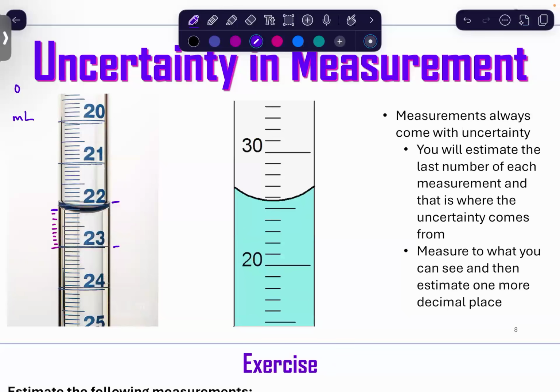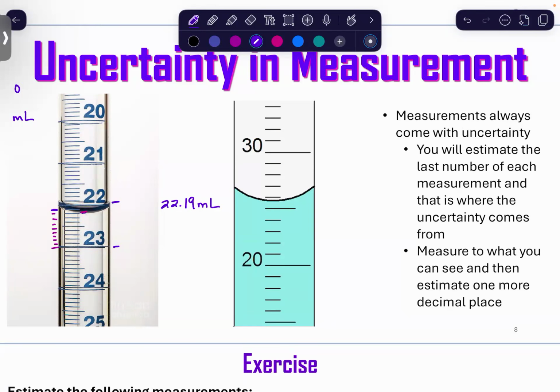So I know that it's at least 22.1, but I need to measure to one place of uncertainty. It's not quite at that line. So what I estimate is 22.19 milliliters, where the 9 is an estimate. It doesn't quite reach that 0.2, but it's very close. So I go to the number that I can definitely see, and then I estimate one more number. Whereas over on the right, we have a graduated cylinder.